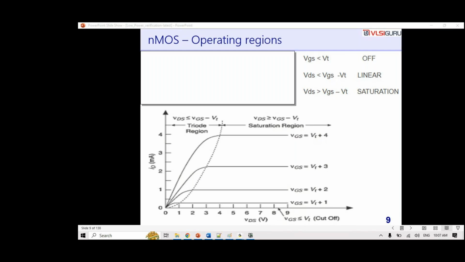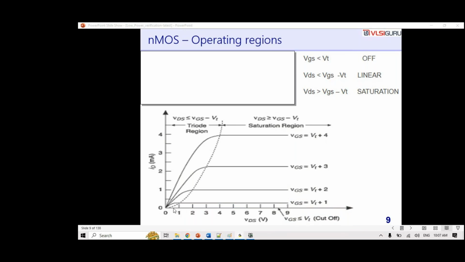One thing you can notice is that when VGS is less than VT, this portion is what we call the cutoff region. In that case, it will be cut off and there won't be any flow of current.